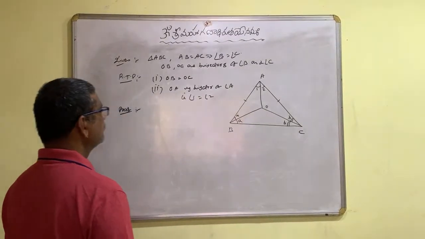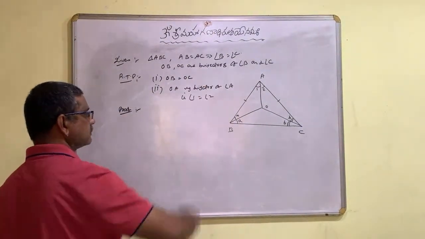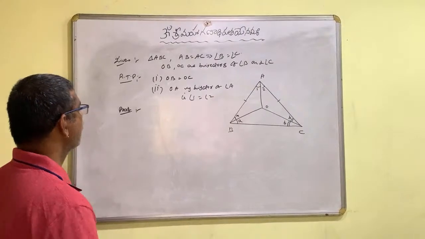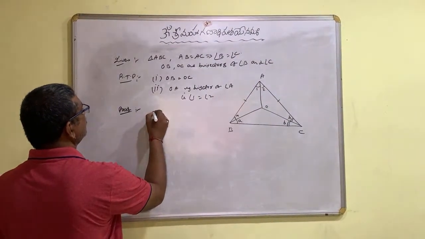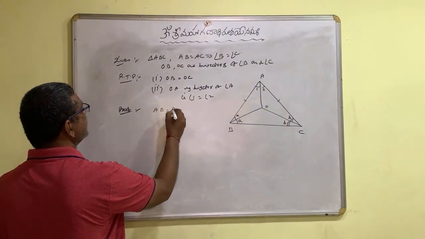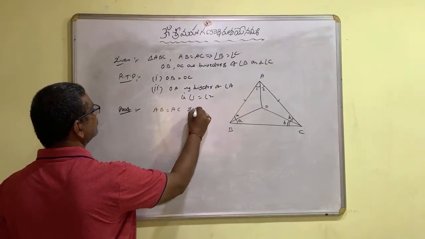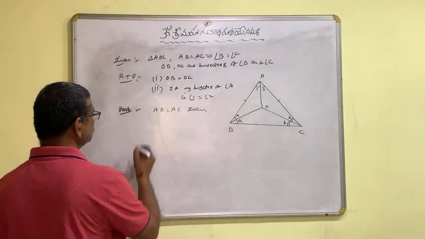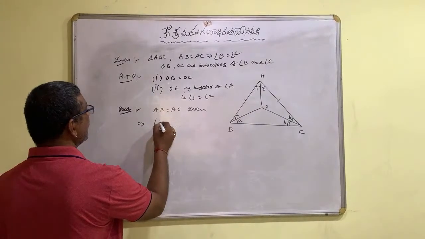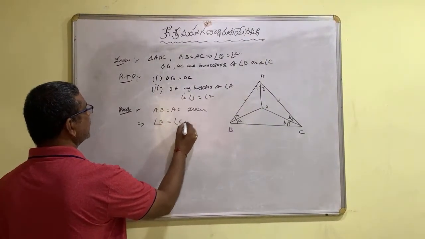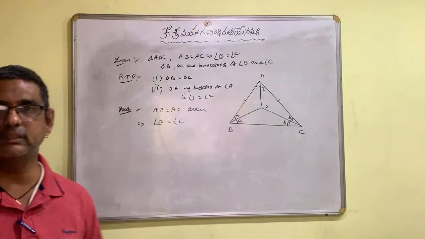See, first one, we need to prove this. AB is equal to AC given. That implies angle B is equal to angle C, from the theorem that we learned in the morning. Is that right, children?